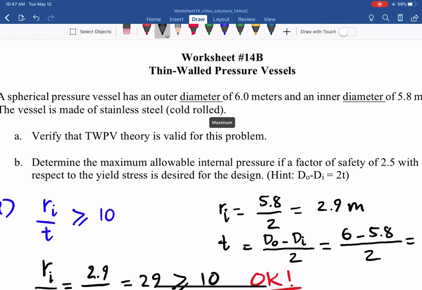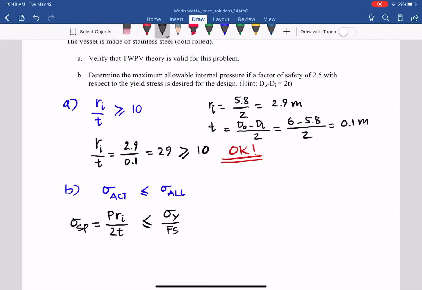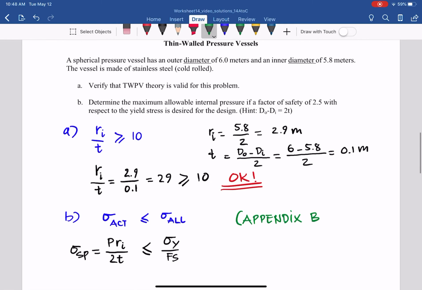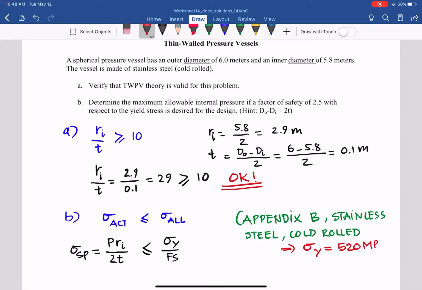So go back to there. We can see from appendix B, for stainless steel and cold rolled, then we have sigma yield equal to 520 megapascal.